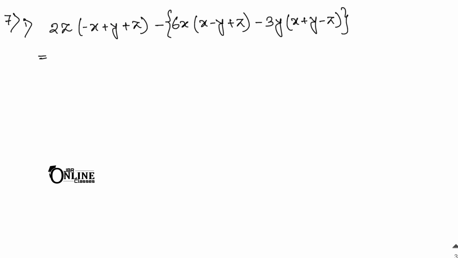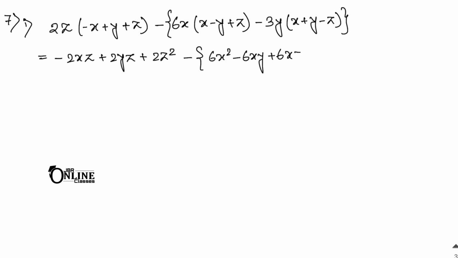So if you multiply this one, it will be 2xz, then here 2yz and then 2z square minus, here if you multiply this one 6x square minus 6xy, then 6xz, here 3xy, then minus 3y square, then plus 3yz.